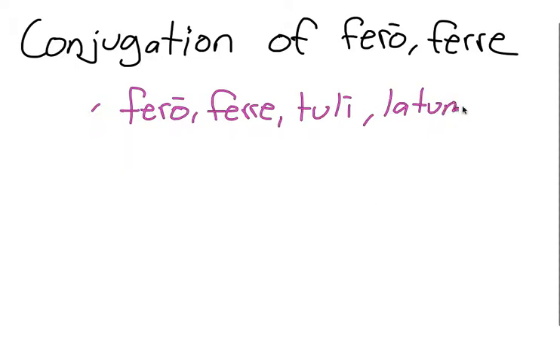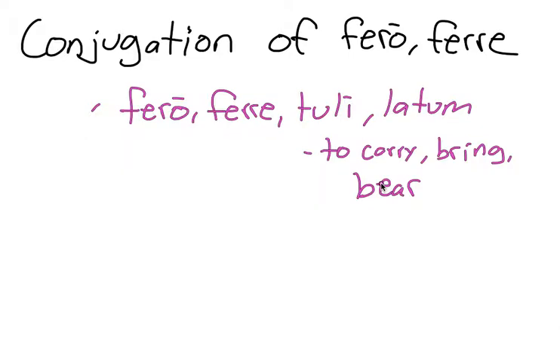You might be thinking, whoa, those look totally different, and they are. Fero means to carry or bring or bear, like you bear the burden of something, like you carry it on your back. Okay, so fero, ferre, tuli, latum.